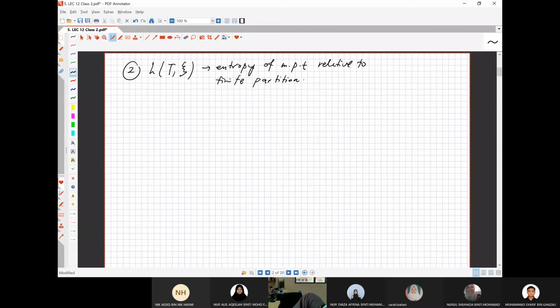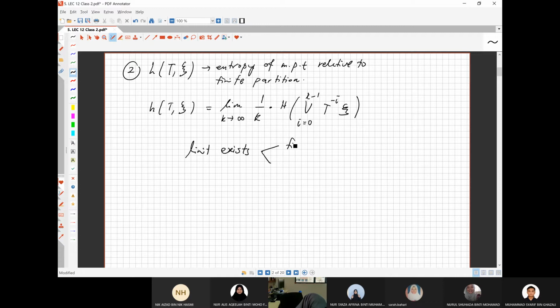We already have the definition of this relative entropy, given by this limit: 1 over k multiplied with the entropy of the joint of the pre-images of the elements in psi. If the limit exists, it can be either finite or infinite.